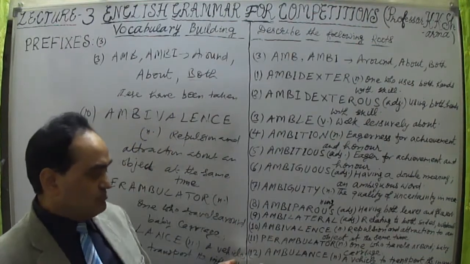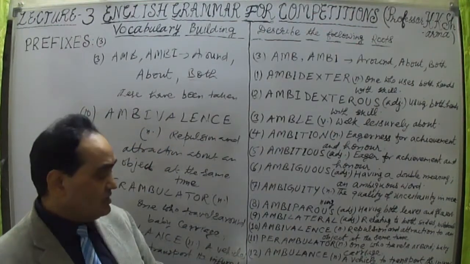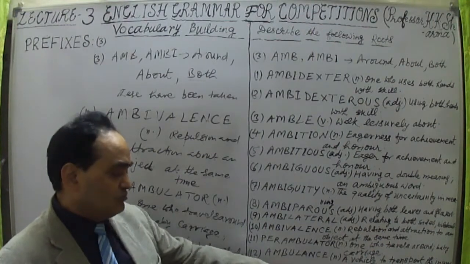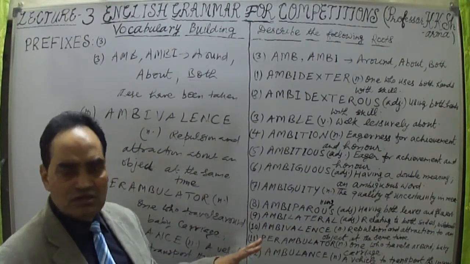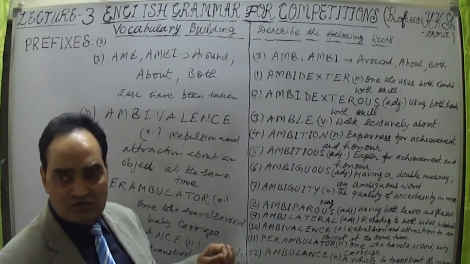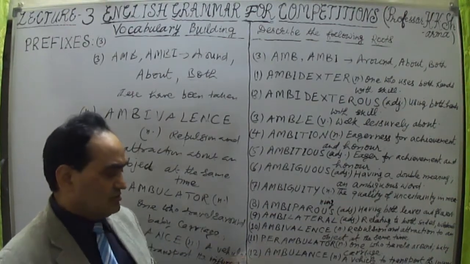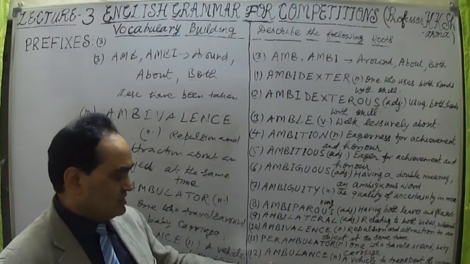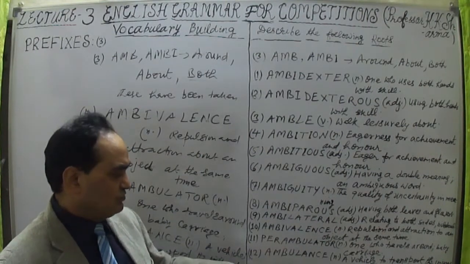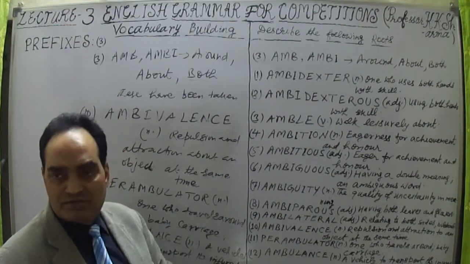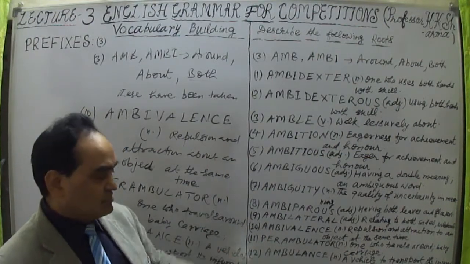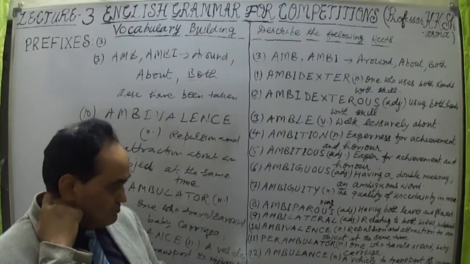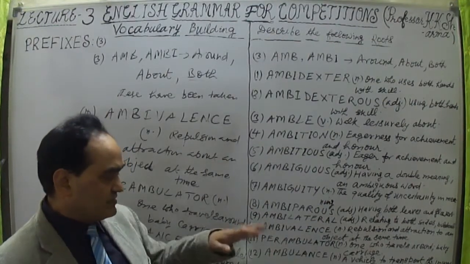For example, ambulance is a noun. We cannot say that ambulance can be converted into an adjective. Ambulance is a vehicle, no problem. Perambulate verb, perambulator noun, perambulatory adjective.